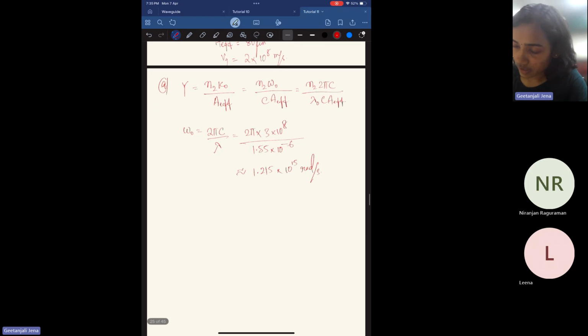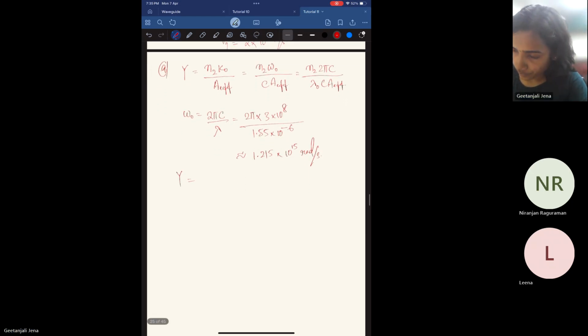Now let us put it in gamma. Gamma is N2 omega 0 over C A effective.